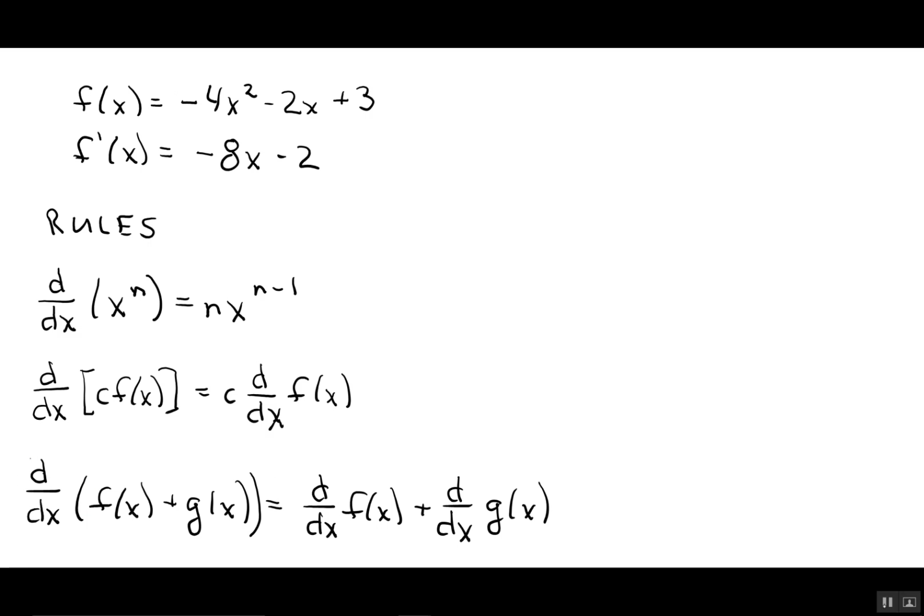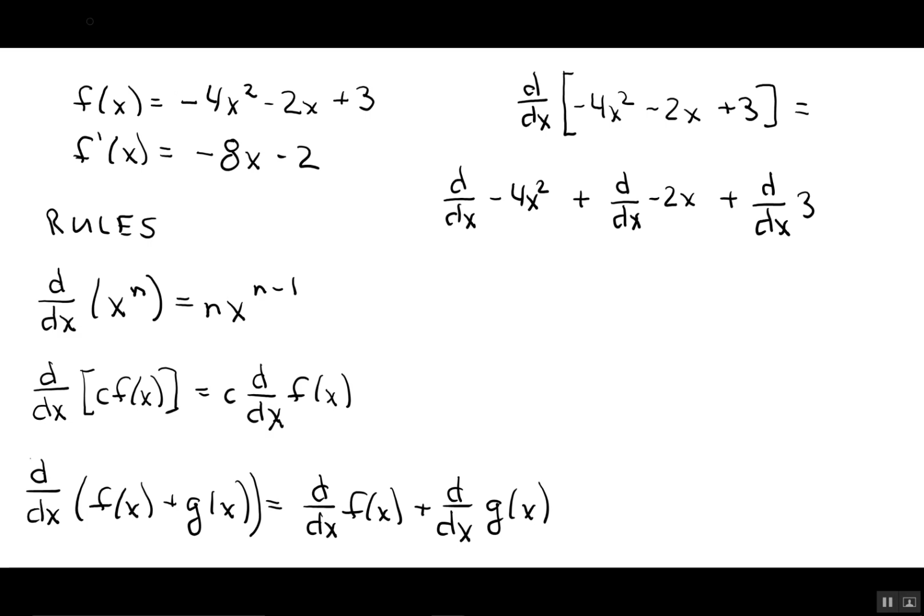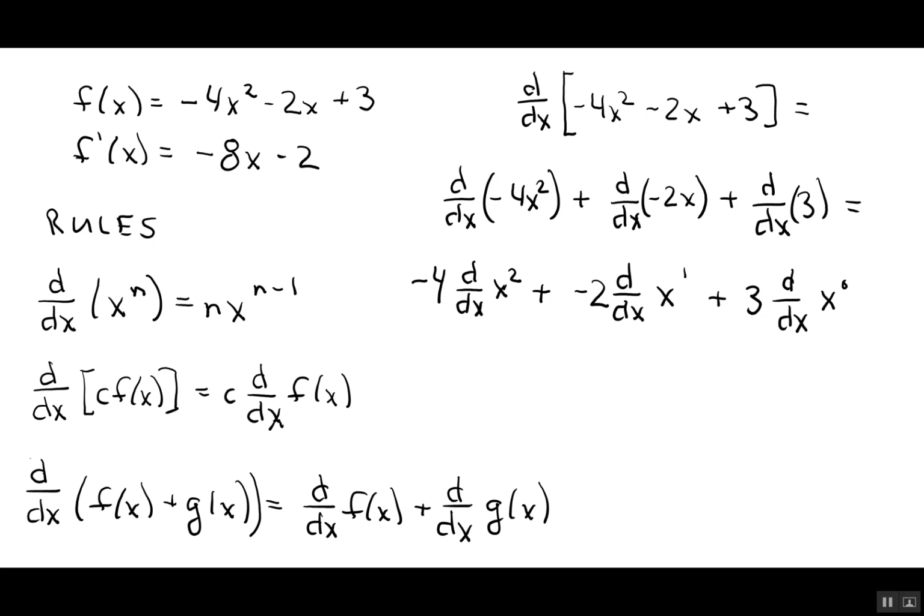So let's take a closer look at this function one last time and apply these rules. So the derivative with respect to x of minus 4x squared minus 2x plus 3, I can apply the sum rule. That's going to be the same as the derivative of minus 4x squared plus the derivative of minus 2x plus the derivative of 3. I'll add it together. That's the sum rule. That's this last rule applied.